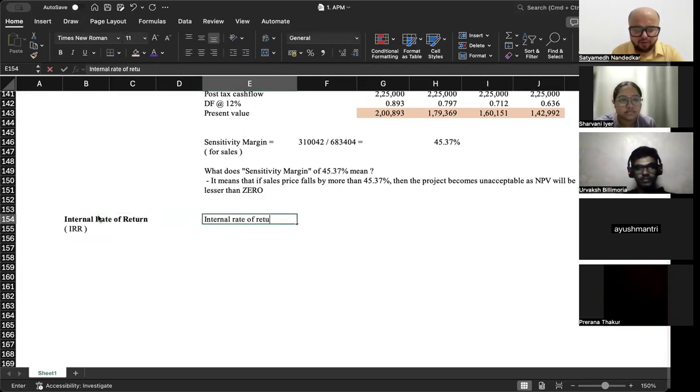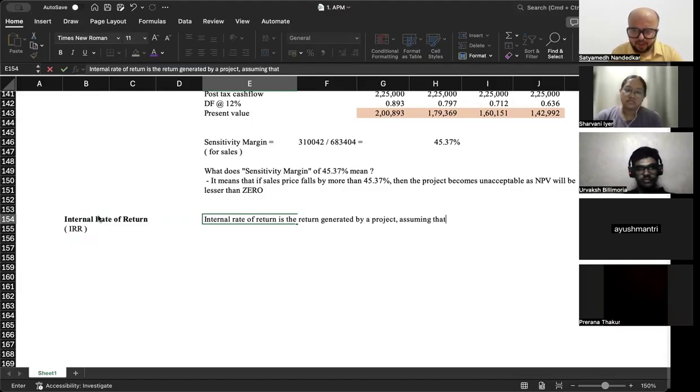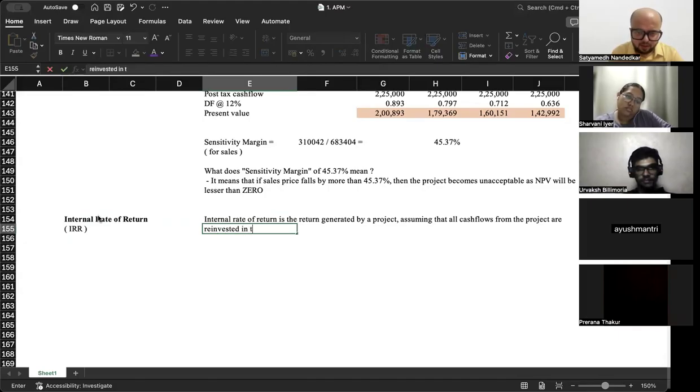Internal rate of return is the return generated by a project, assuming that all cash flows from the project are reinvested in the project at the same IRR. Okay? At the same rate, that is IRR.